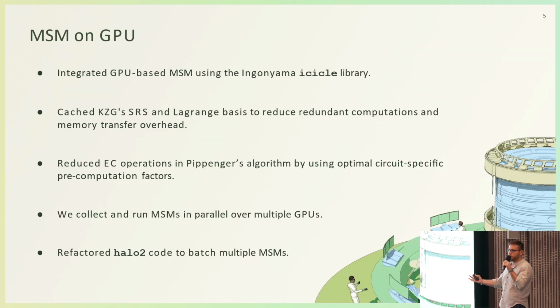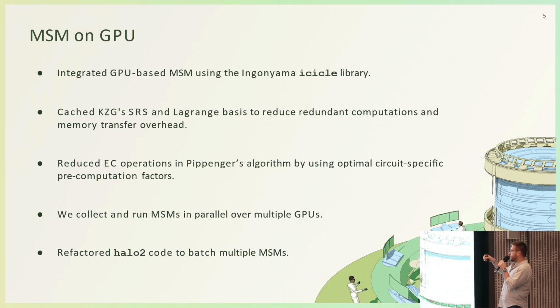We took advantage of Ingonyama's ICICLE library, which has a great implementation for MSM. We also tried to use as many of the optimizations implemented in their APIs as possible, mainly caching. We cached the KZG parameters, and the Lagrange basis, which is a transform of the main KZG parameters. We did this to avoid copying data back and forth to the GPU. These parameters are used to commit to polynomials, both in normal form and evaluation form.